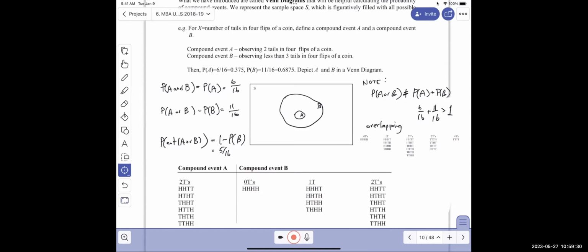So what would be the wording? You mentioned another word. I said contained. A is contained in B. Completely contained.